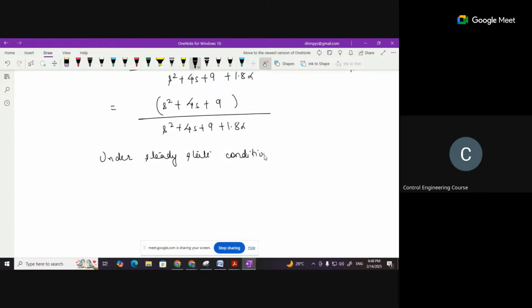When we see this sensitivity with respect to alpha, it comes out to be 9 by 9 plus 1.8 alpha, and this is 0.2, which is given in the problem, right? So you solve the value of alpha, how much you will get, please?